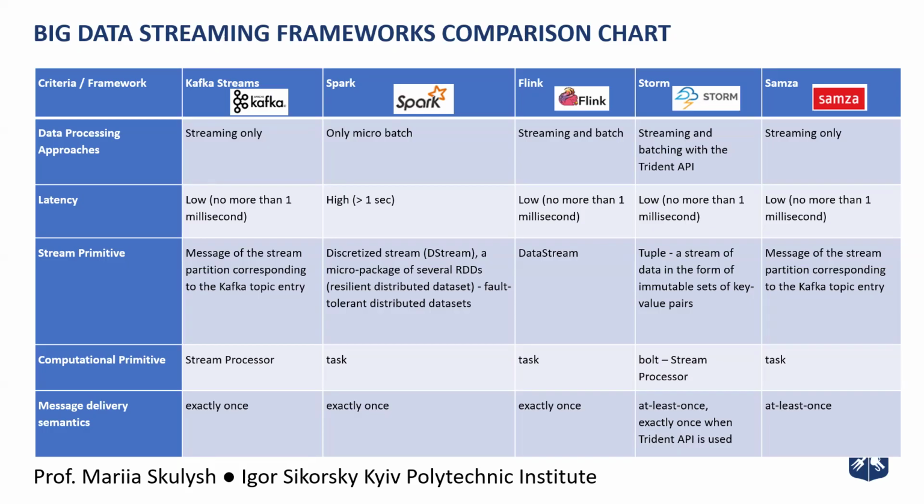It's, for example, Kafka Streams, streaming only. Storm is streaming and batching with the Trident API. Spark also streaming, Flink streaming and batch. So we can see here different criteria and how it works.